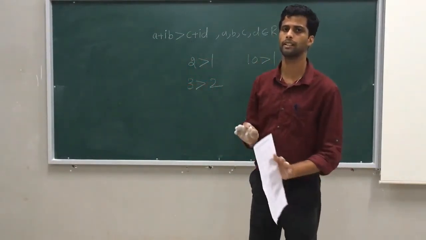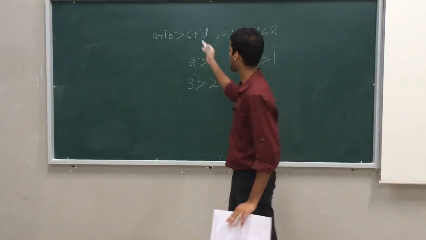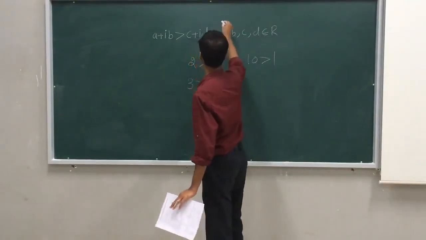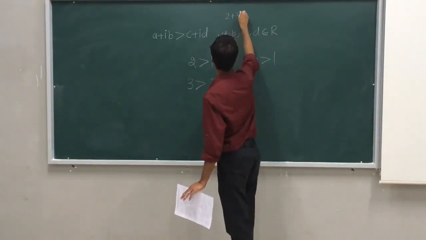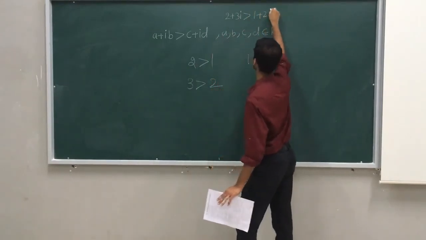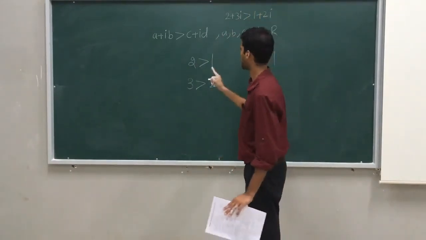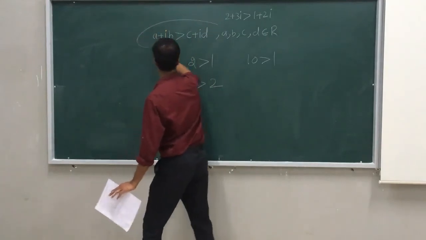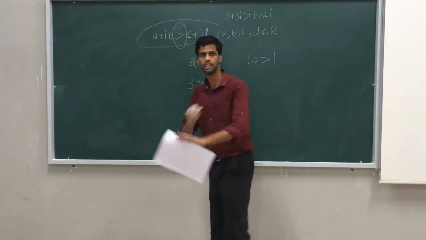So order is not valid in complex numbers. So in complex numbers there is no such thing that 2 plus 3i is greater than 1 plus 2i. No, never. So therefore I can say in complex numbers this inequality is not valid.